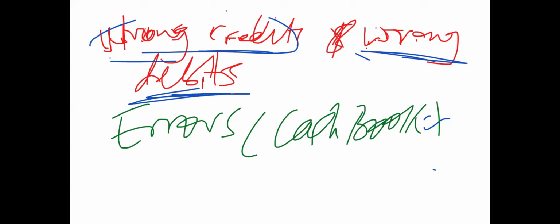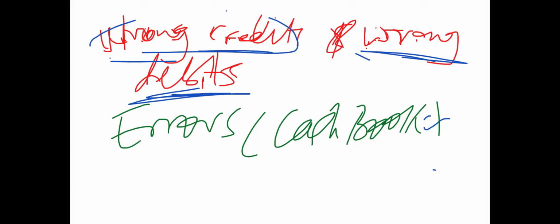But what you have to know is that when an error has been committed in the cash book, it must always be corrected in the cash book. In other words, when there is an error in the cash book, it is supposed to be corrected in the adjusted cash book.